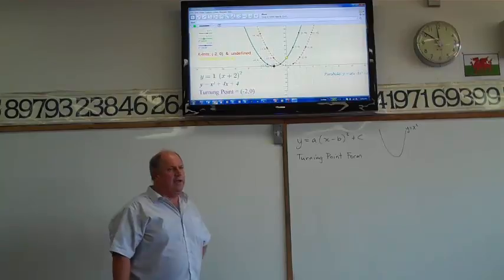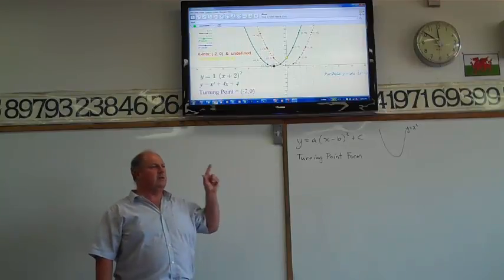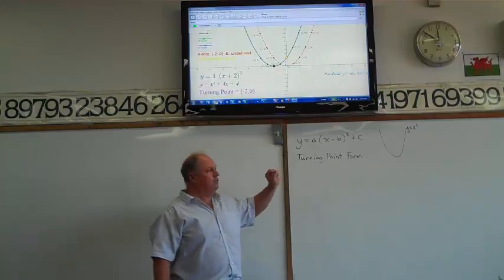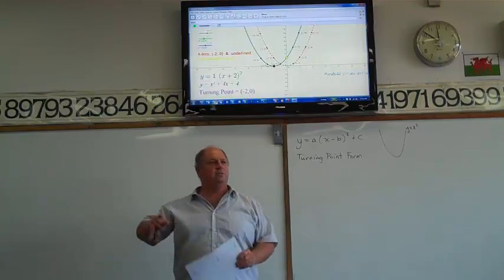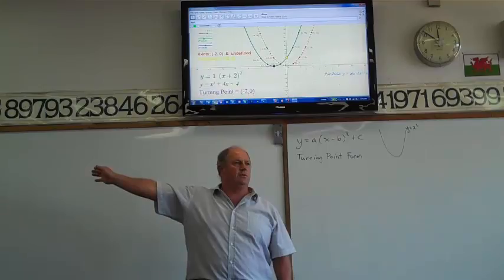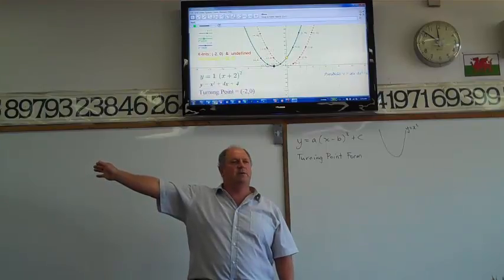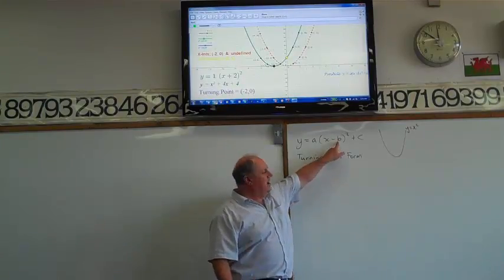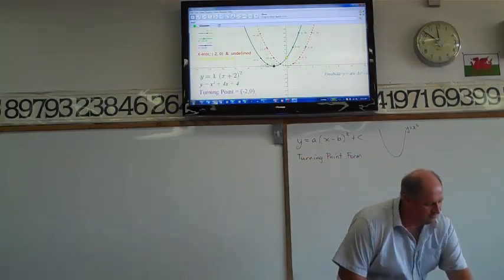Your instinct was right that the b value is going to move the graph left or right, but it does the opposite of what you think is going to happen when you look at the rule. +2 actually moved it to the left 2. Because the b value is actually -2.